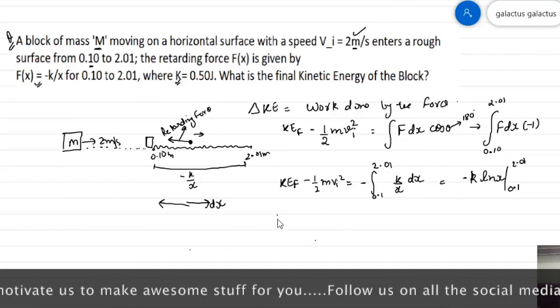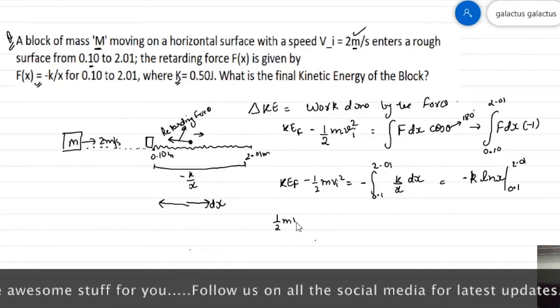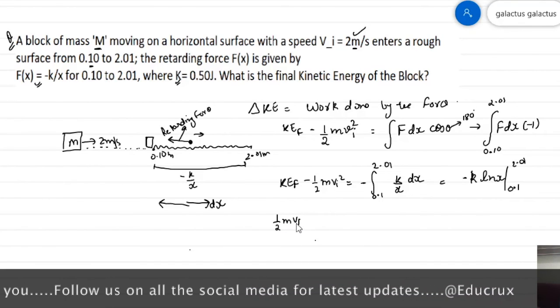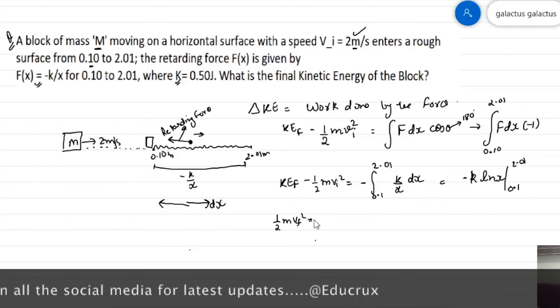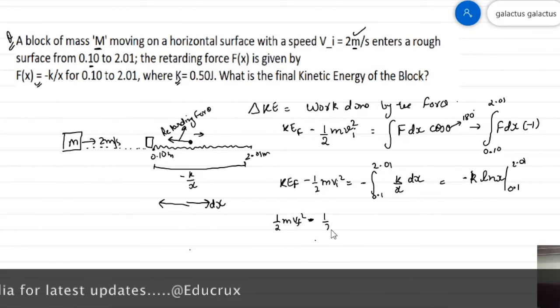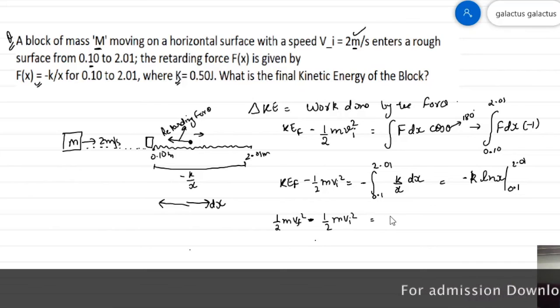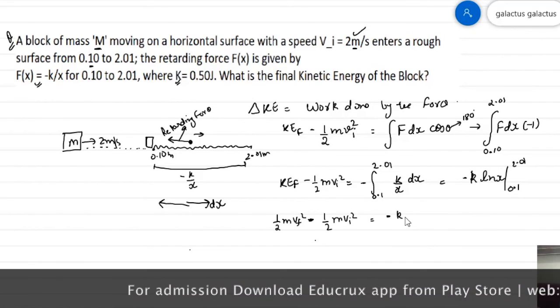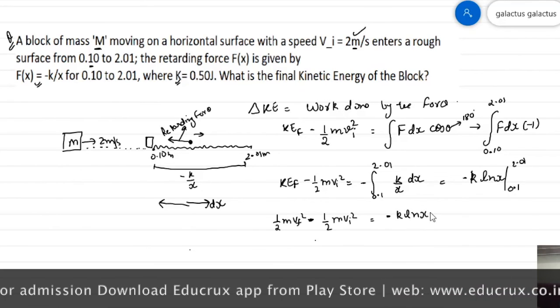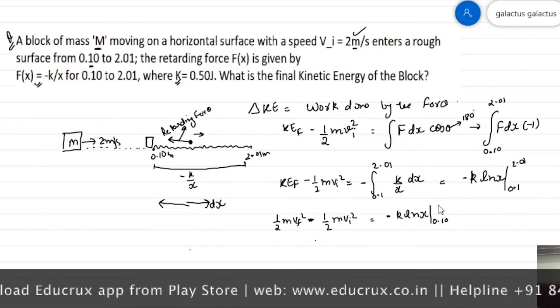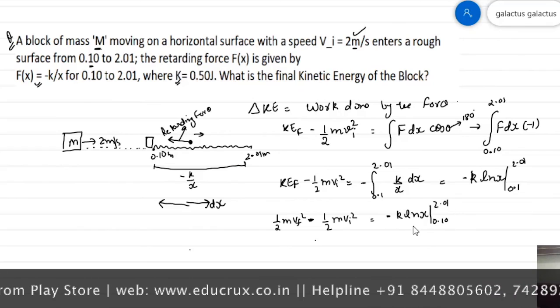So if I now have to calculate half m vf square, and this is half m vi square, and this is equal to minus k ln x from 0.10 to 2.01.